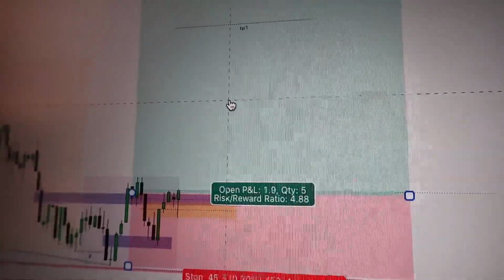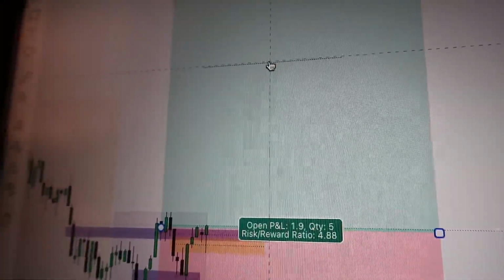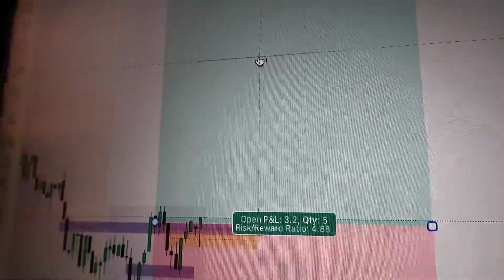We got the 80E setup, but we got a deeper pullback down into this inverted fair value gap and a beautiful reaction out of it. On this one we are targeting 1 to 4.8 with TP1 being right here, and I just sent it out to the signal group. So let's see how that one plays out.